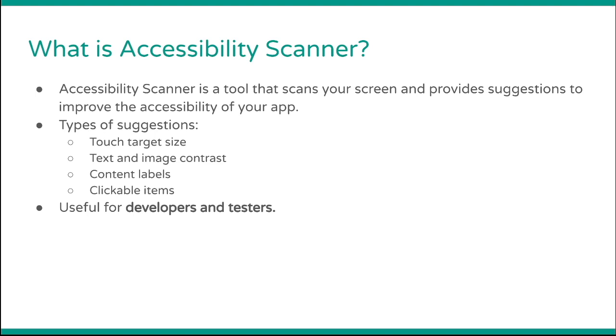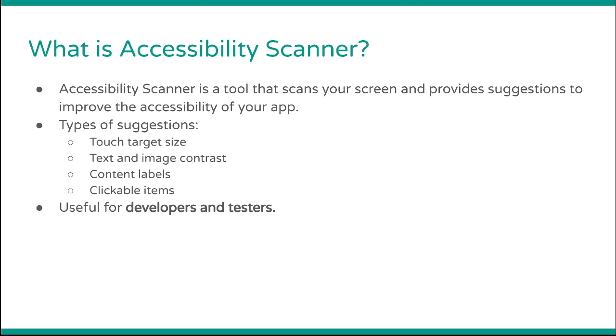In that case, the text will be barely visible, so it will suggest an error in color contrast. Next is content label. For example, if there is an image or a button, it would suggest that we add a label or content description, so that it will give output in TalkBack.